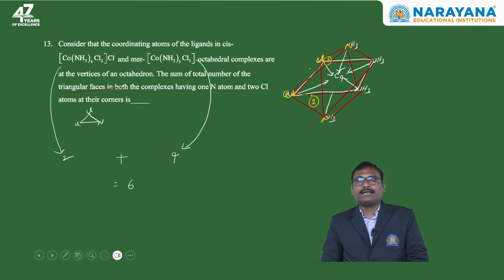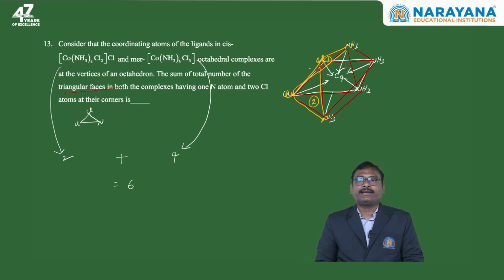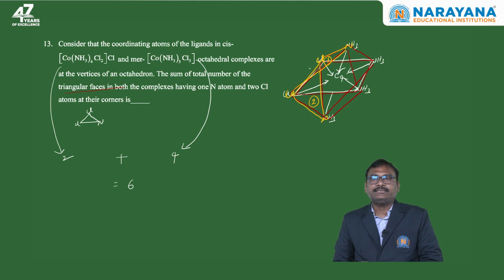Like this, there are only 2 triangular faces. One triangular face, one triangular face. Like this, there are only 2 possibilities. Likewise, here 4 possibilities are there. The total number of triangular faces for both complexes in which 1 nitrogen and 2 chlorine atoms is 6.